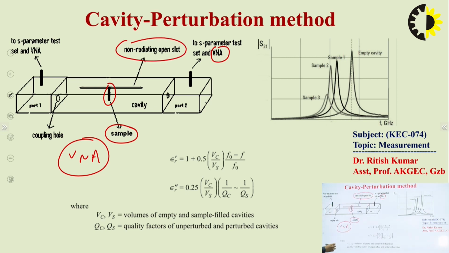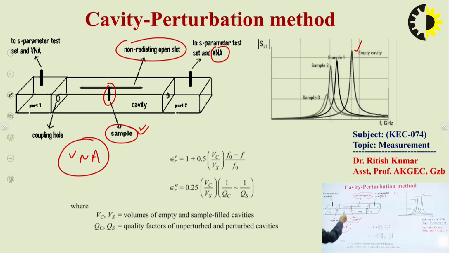But first you need to take the reading without using the sample. Then you will get some resonating frequency on the VNA, that is, the S21 parameter. You need to take the value from the VNA, and this frequency is known as the resonating frequency of the cavity resonator.